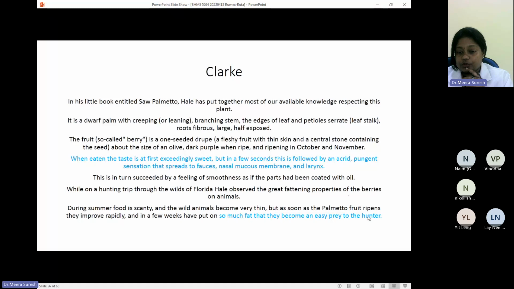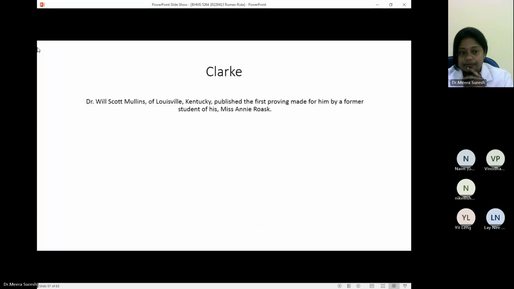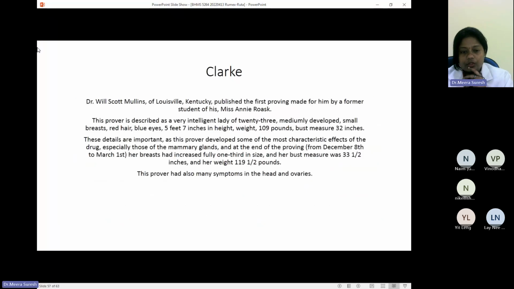But as soon as the palmetto fruit ripens, they improve rapidly, and in a few weeks they put on so much fat that they become an easy prey to the hunter. So this was noticed by Hale when he was traveling through the forests of Florida, and that is how he understood that this berry has some nutritive, growth and development related action. Now, in Clarke, many cases have been given where Sabal Serrulata was proved.